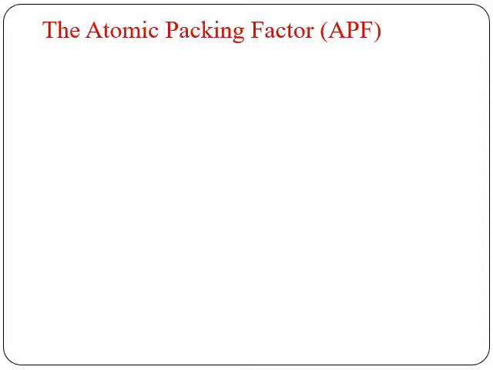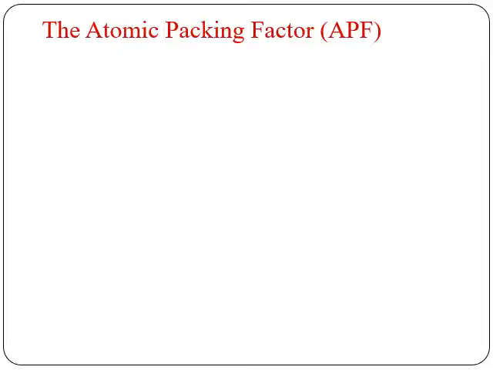But when you put water into it, the water fills the spaces between the balls, meaning there is still space even though we say the box is filled with the balls. That is what we call the atomic packing factor.